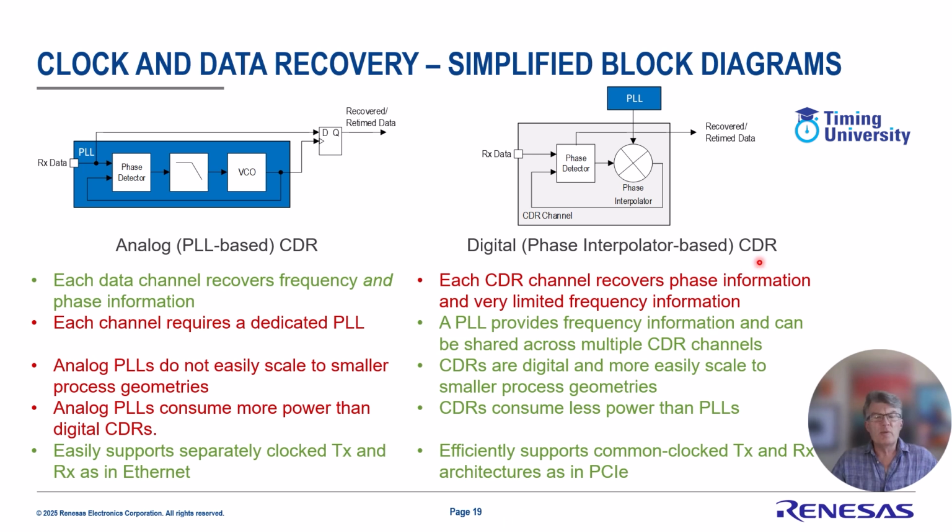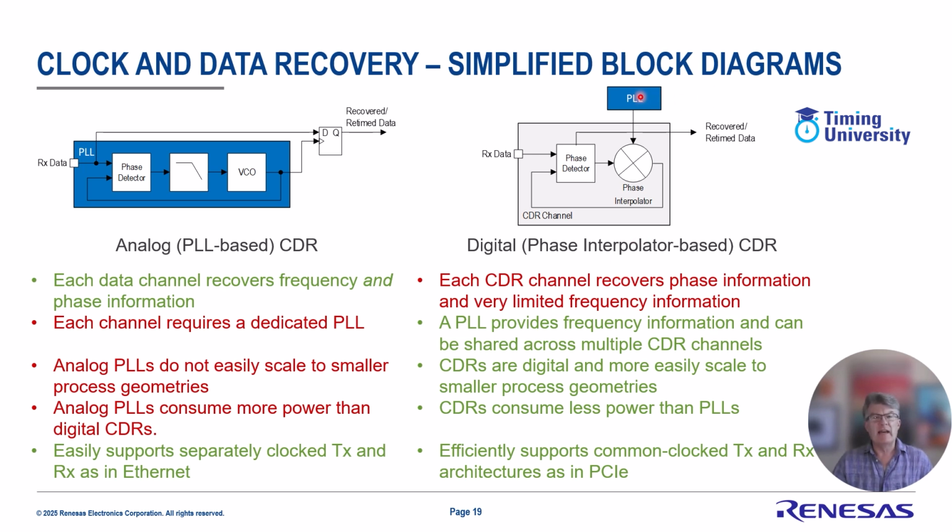A phase interpolator approach has a phase detector at the front end followed by a phase interpolator, and this phase interpolator is driven by an external frequency source. So the frequency information for the most part is recovered outside of a phase interpolator based CDR, and then you get the recovered and retimed data out here. So the CDR recovers basically the phase information, but it really can't recover frequency information.